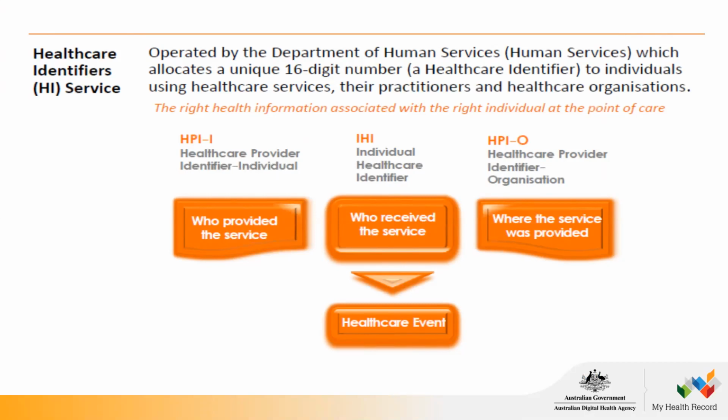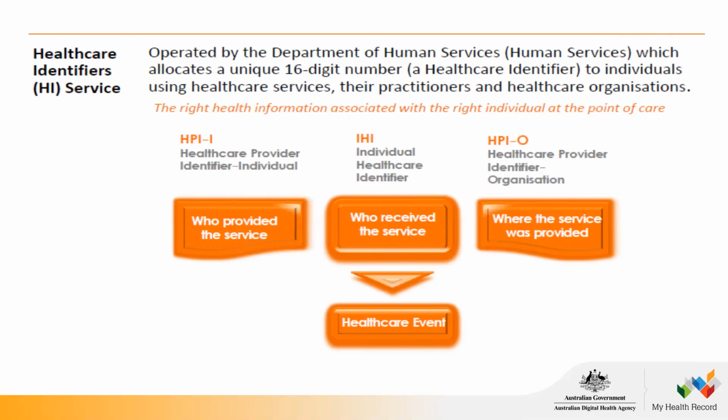In the meantime, I'm just going to briefly explain some of the identifying numbers and the abbreviations that are associated with those. These are the identifiers that you need to know to access a My Health Record for a patient. So there's 3 of them.